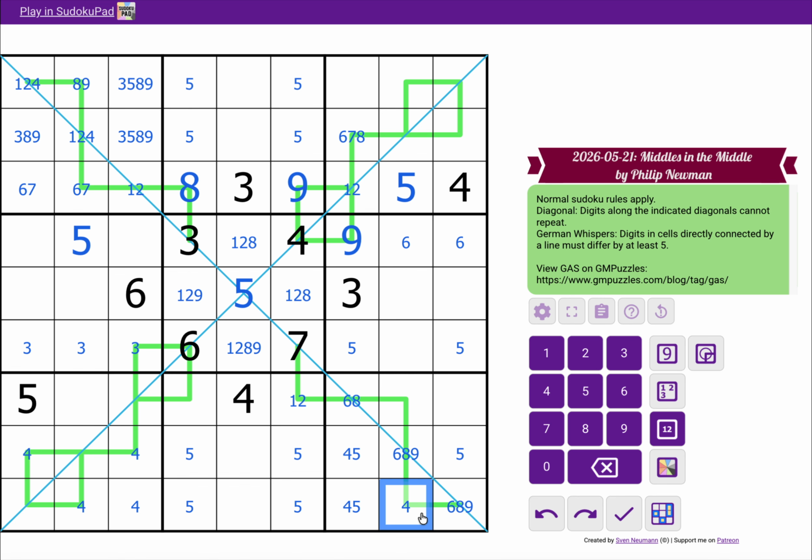This could be 1, 2, 3, 4. This could also be 1, 2, 3, 4 because there's no other eliminations. Oh, there's a 4 here, so it can't be there. And this would be 1, 2, 3, 4. Okay. I know that we have 6, 8, 9 over here. This could be 1, 2, 3.